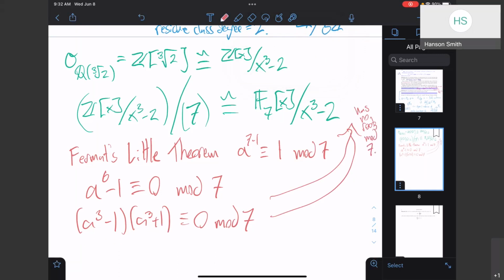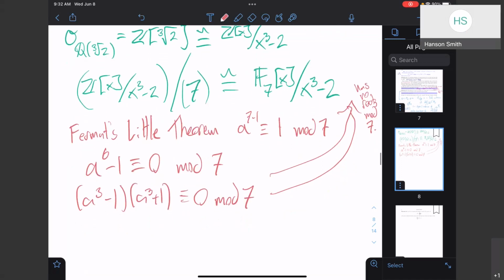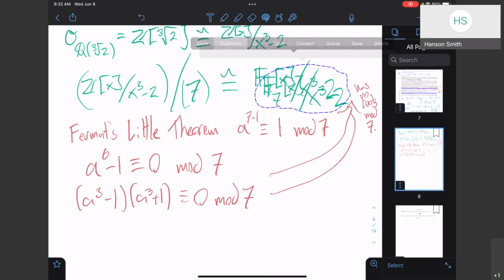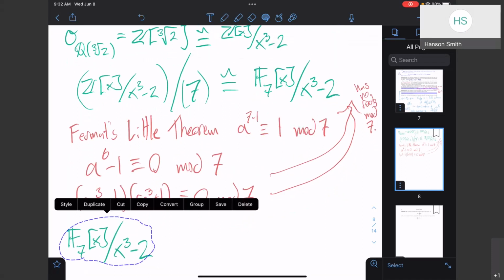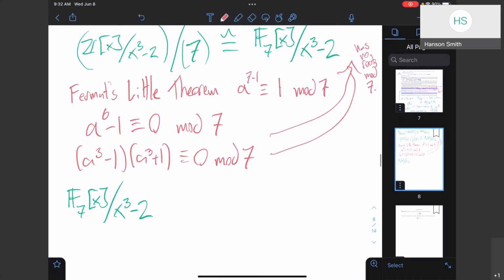Awesome. Okay, so it's a nice irreducible polynomial. So we're taking a field, modding out by an irreducible polynomial. That gives us a degree 3 extension, right? So this puppy right here is a degree 3 extension of F7.